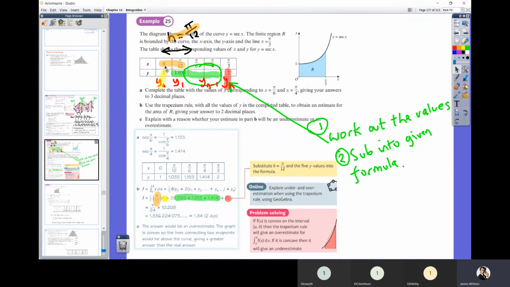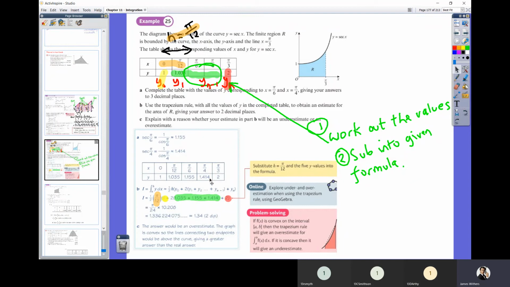Obviously the distance between them is going from 0 to pi over 12. That's the length of pi over 12. So all of the distances between the x values will be the same. They are the h's. Obviously our y0 is 1 and our yn is 2. And then you just take two lots of all the ones in the middle. So that's two lots of the 1.035, the 1.155, the 1.414 when you've worked them out. And that is literally it, guys.